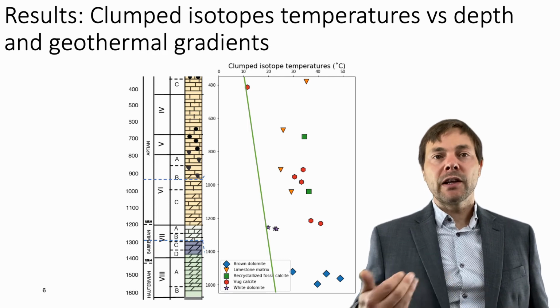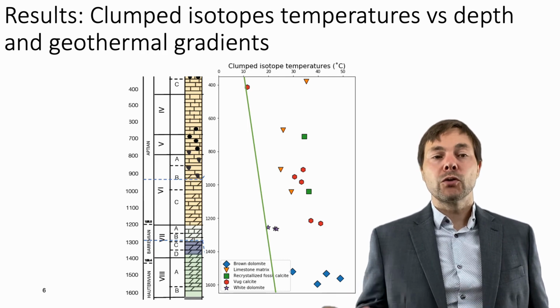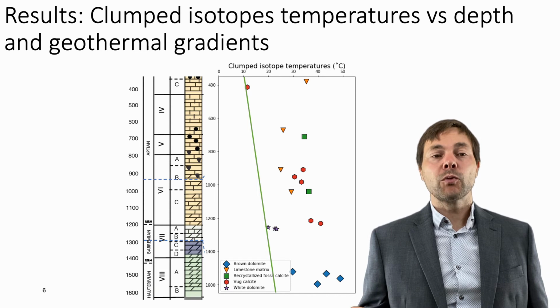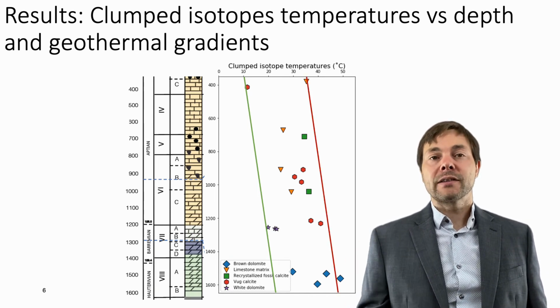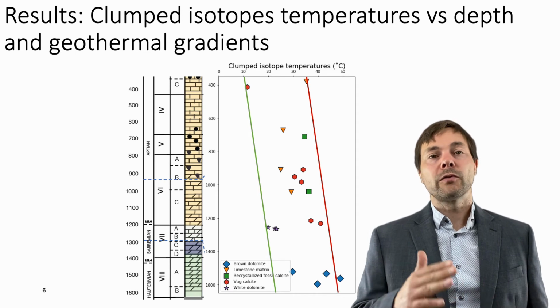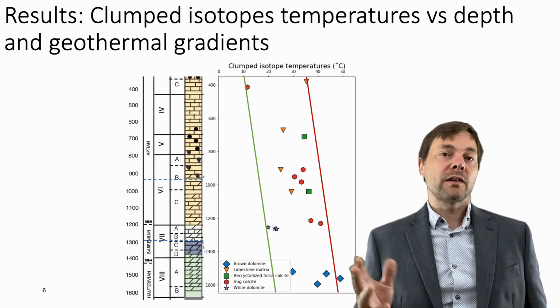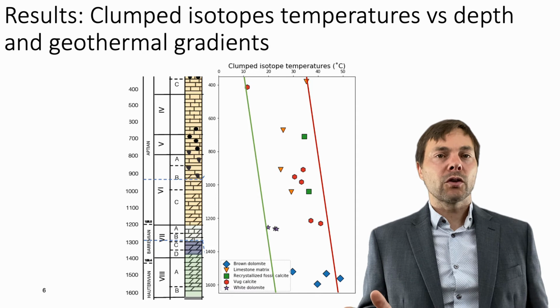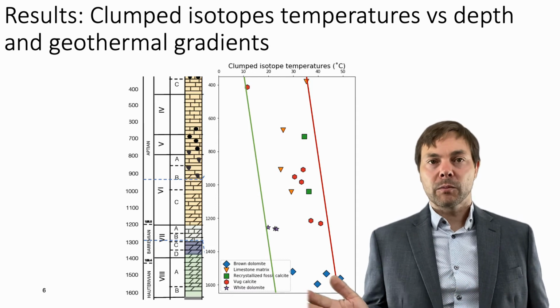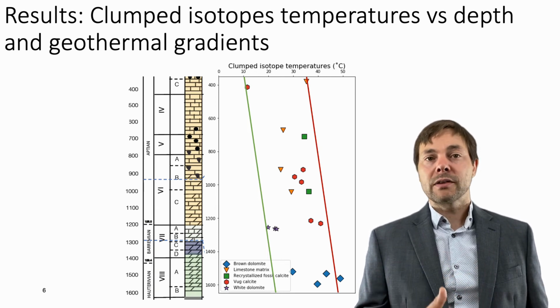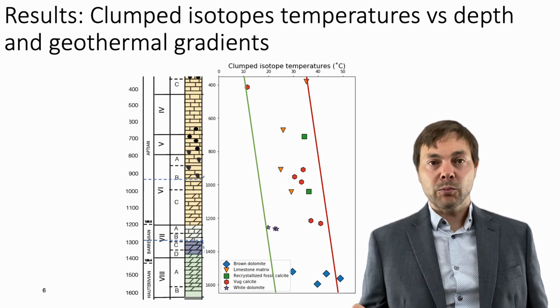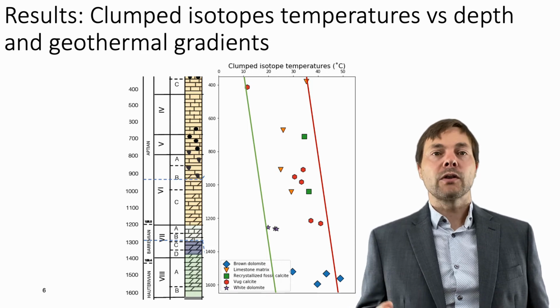If we were to shift that geothermal gradient and push it to what it would have been in the Cretaceous, we obtain this red line. And again, what's interesting is that this red line forms the envelope of the warmest of our sedimentary textures. So between these two geothermal gradients, we find all of our clumped isotope temperatures, which to me indicates that we've recorded, throughout a history of recrystallization and cement precipitation, a thermal history for this particular atoll.